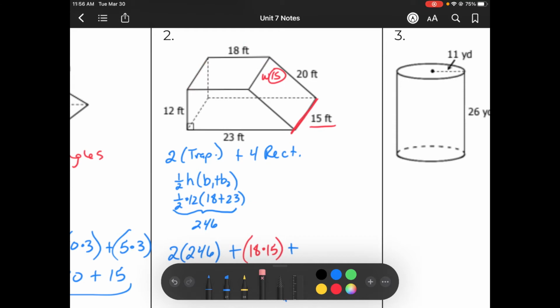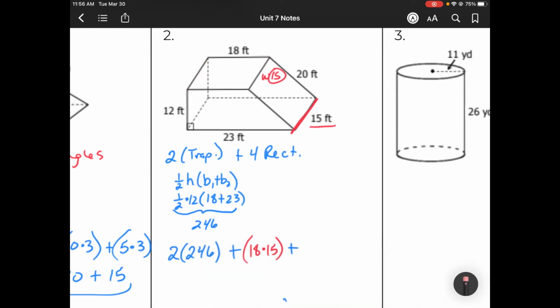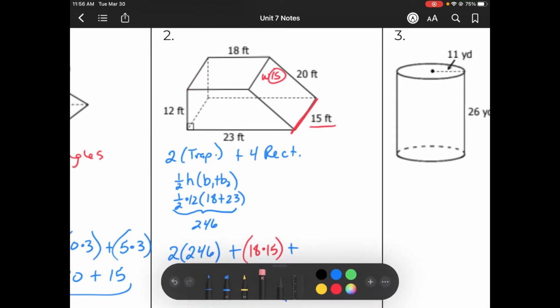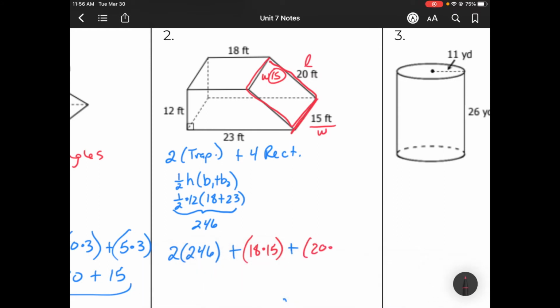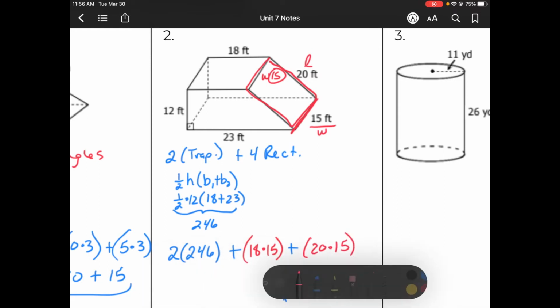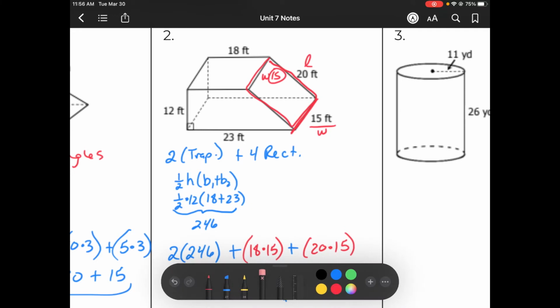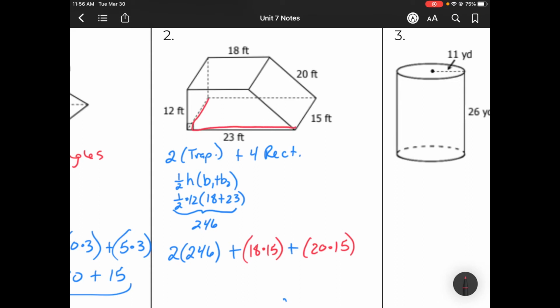got some other rectangles here. Let's move down the right side. This slanted rectangle here has a length of 20 and a width of 15. So length times width is 20 times 15. Then we've got this bottom rectangle, which has a length of 23 and a width of 15.